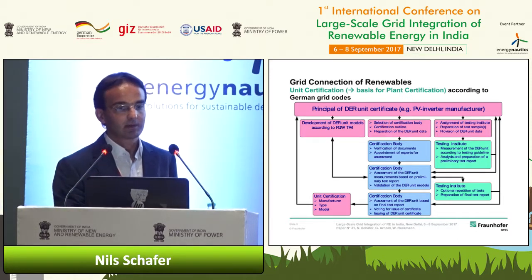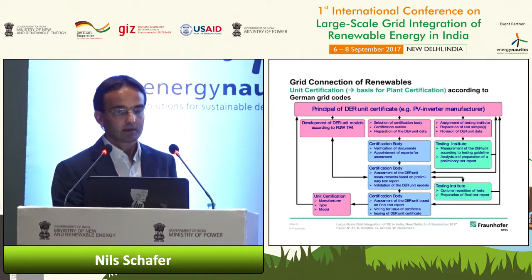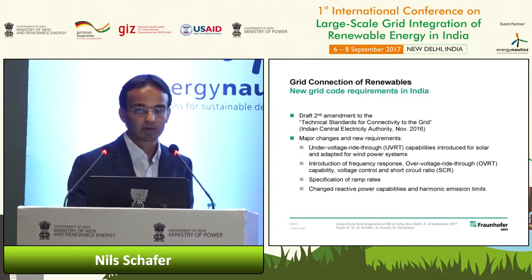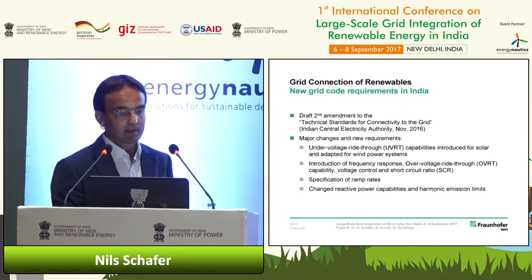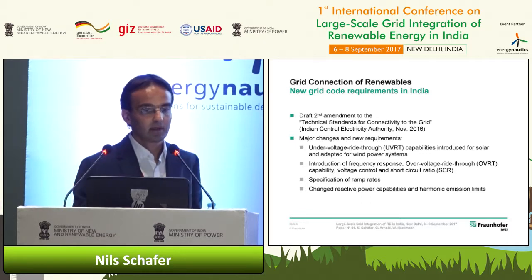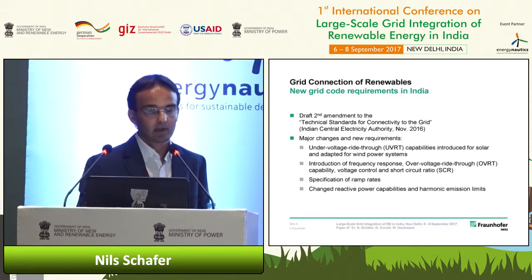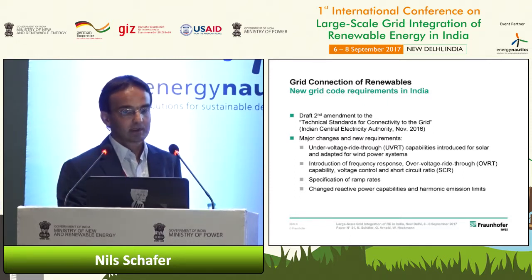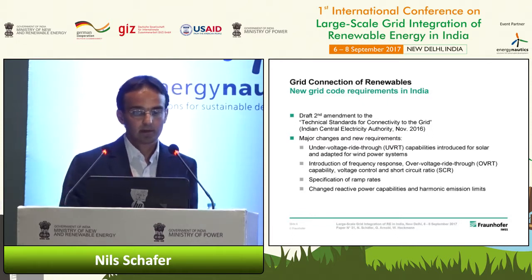So now I come to the draft second amendment of the Indian Grid Code. It was published in November 2016. The major changes and new requirements are: you now also have undervoltage ride-through capabilities for solar power, and overvoltage ride-through requirements are also introduced for both wind and solar.